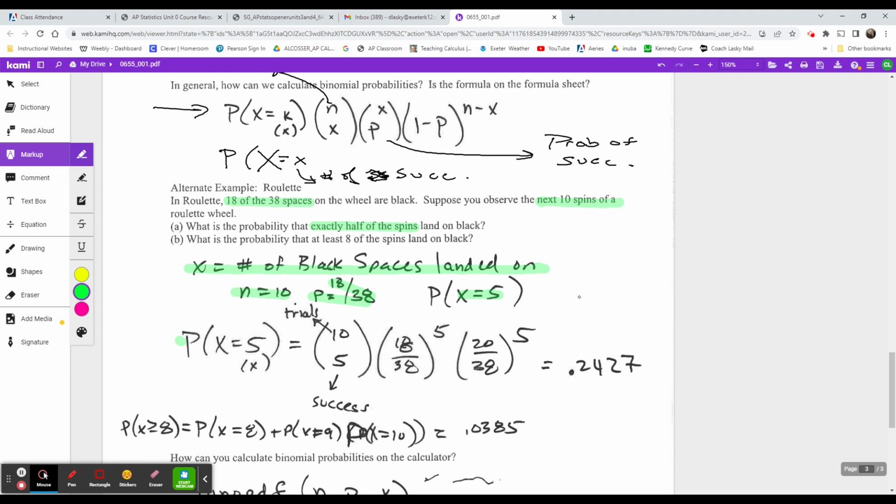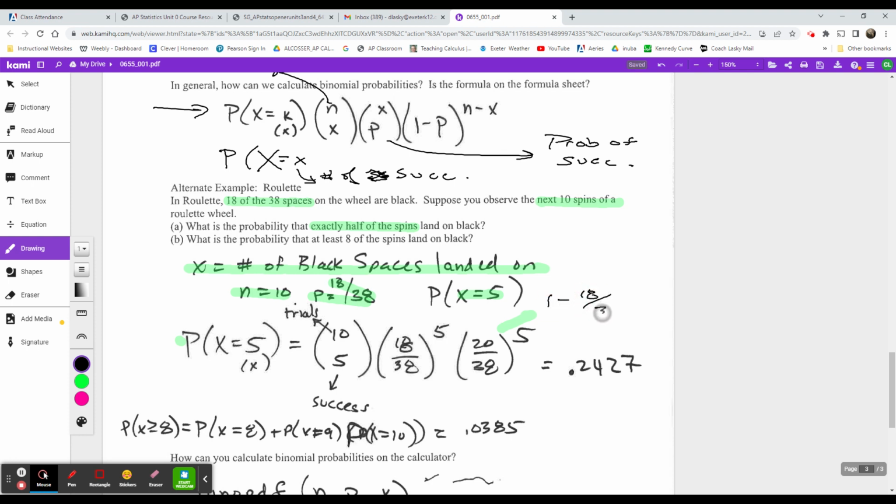So you have to know that this is 1 minus 18 over 38, or 20 over 38. When you plug this into the calculator, you end up with 0.2427. And we end up with that probability.